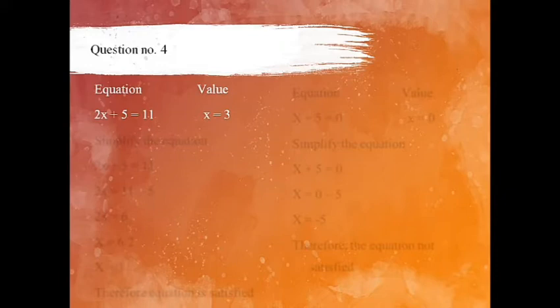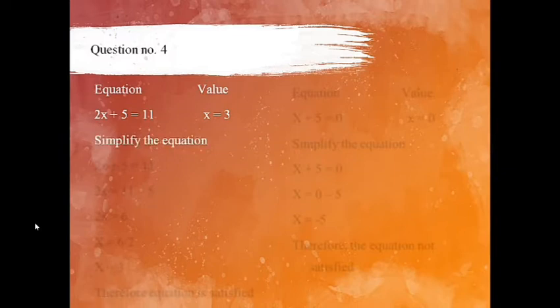So here we have to check whether this value, x equals to 3, satisfies this equation, or when we simplify this equation, whether we will get the value of x as 3. So for that we have to simplify this given equation.